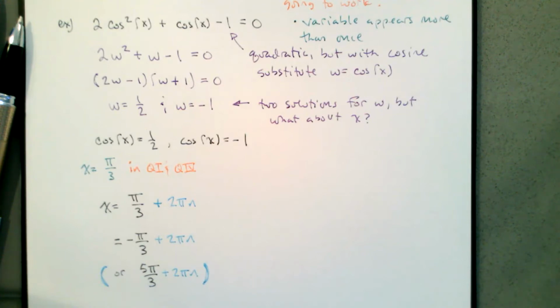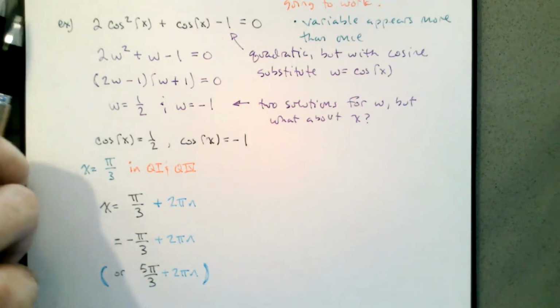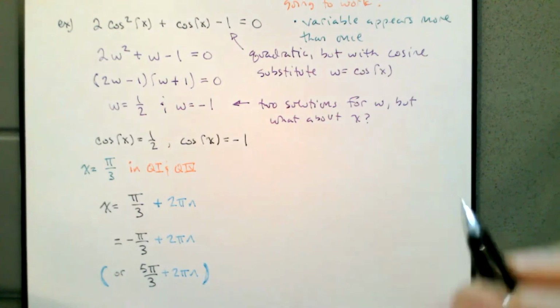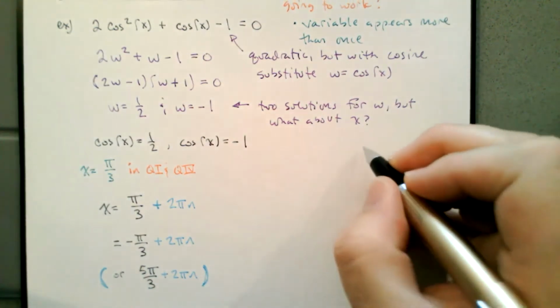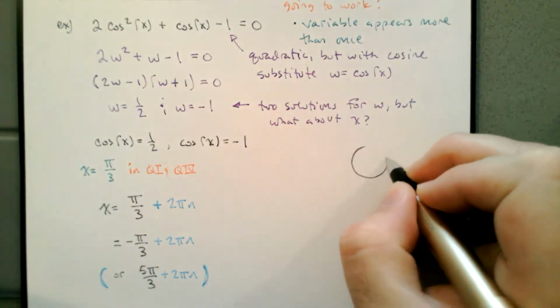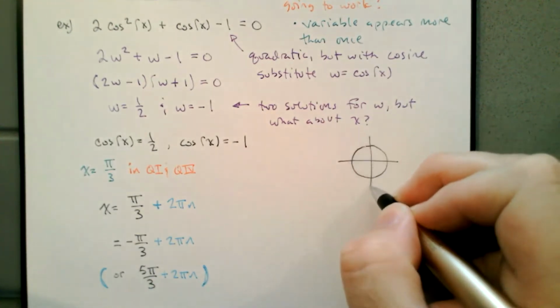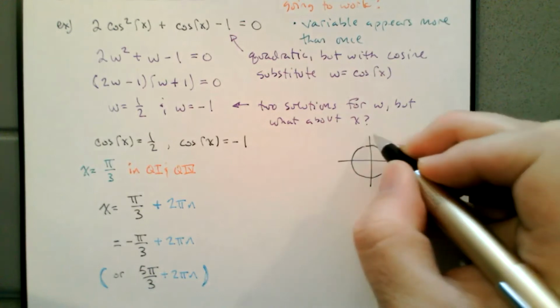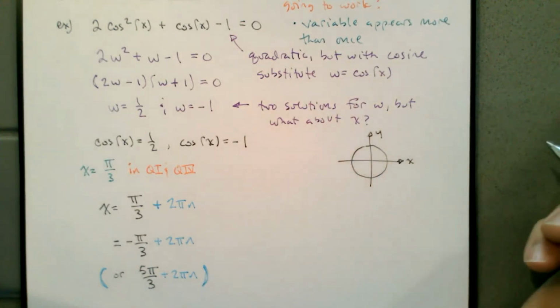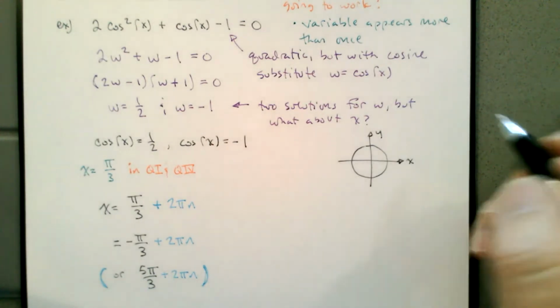For cosine x equals -1, if we think about our unit circle, we want the x coordinate. We want to think about the angle where the x coordinate is -1.